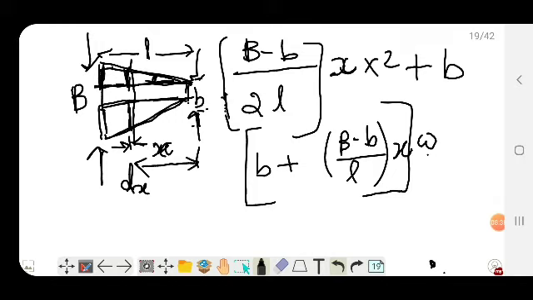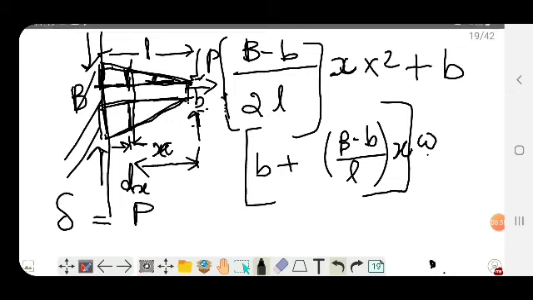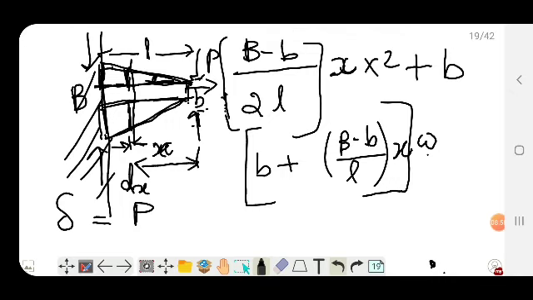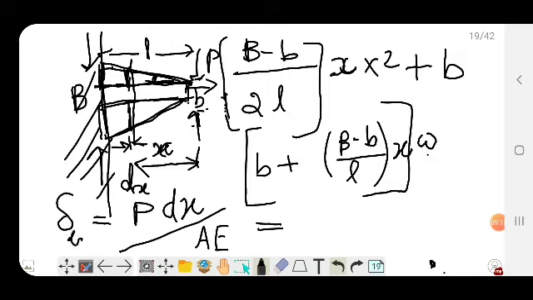So we know the equation for delta for this particular length dx can be given as P, if some tensile force P is applied and this end is fixed, P times dx, the length we are considering, divided by this area times E. So this is for this length dx.